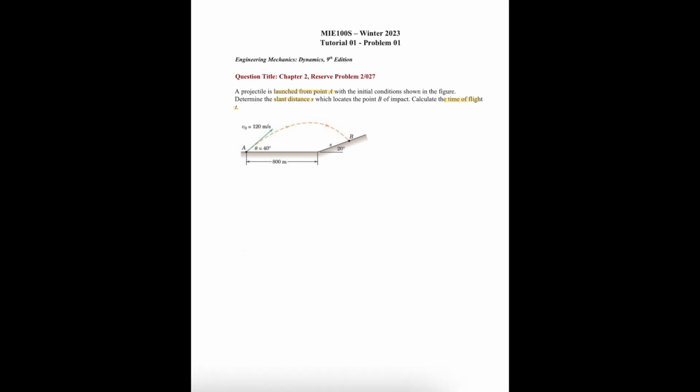We know that our initial velocity is 120 meters per second, the length L from A to the slanted side is 800 meters, and theta that the projectile was shot at is 40 degrees. We want to find the slanted distance s from the start of the slant to B, and also the time it took for it to go from A all the way to B.